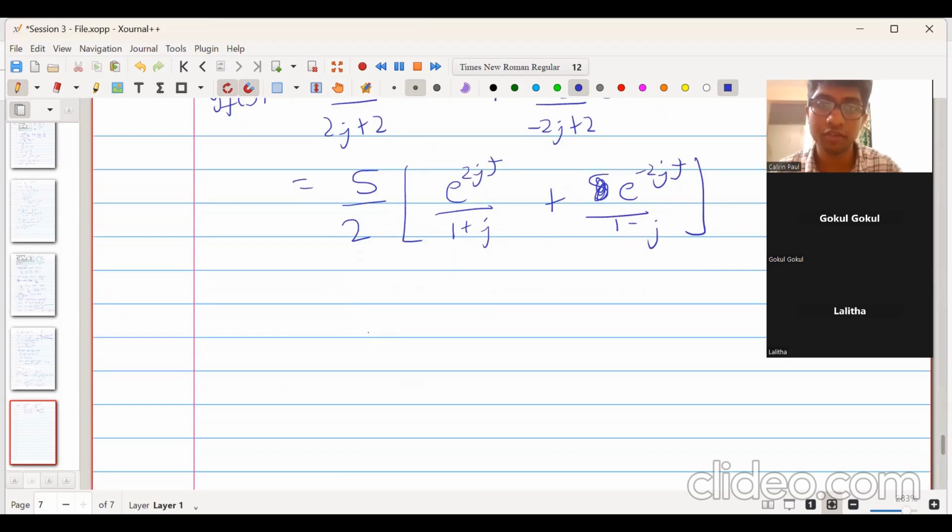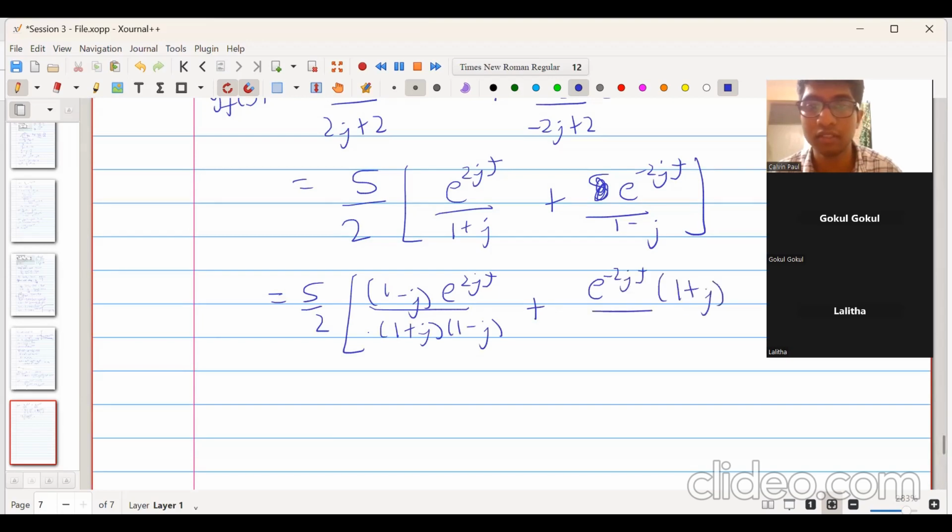Okay. So what do we do? We multiply with the complex conjugate. So it'll be phi upon 2 into 1 minus j into e to the power 2jt. So this will be 1 plus j into 1 minus j, plus e to the power minus 2jt into 1 plus j, into 1 plus j into 1 minus j. So what will be 1 plus j into 1 minus j? If we expand it, it will be 2. Okay.